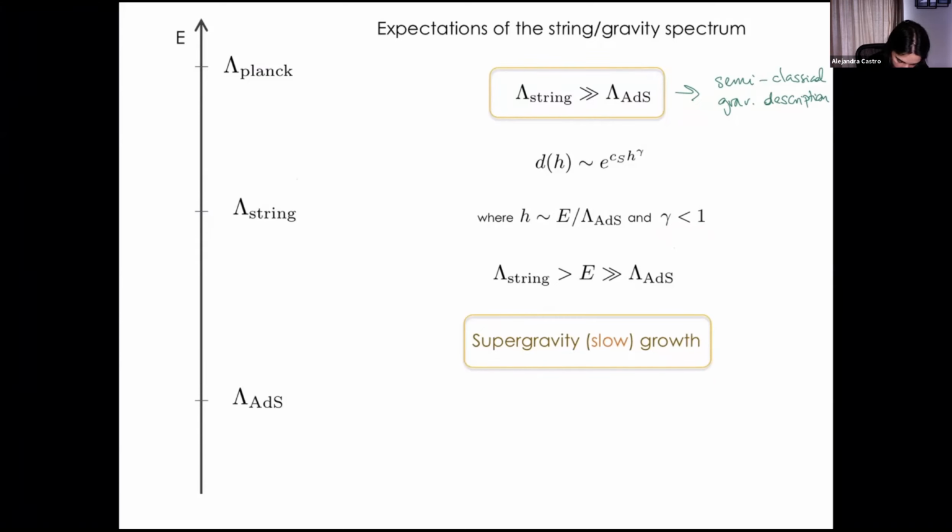Just to give you an example of what I expect this gamma to be: if I have some compactification, since I'm talking about AdS3, let me put here AdS3 times some compact manifold. You don't have to put the 3, it doesn't matter. But what we will have in the back of our mind is some form of bulk effective description.